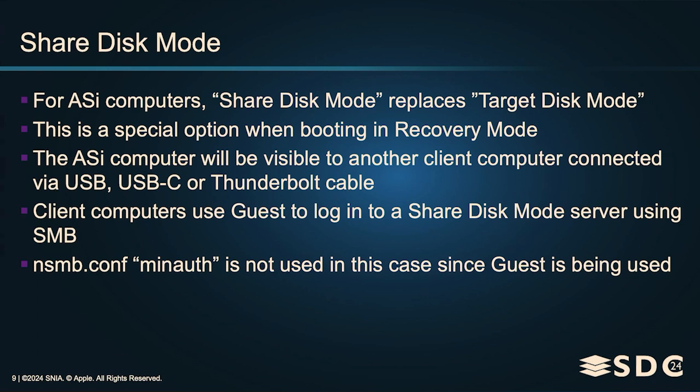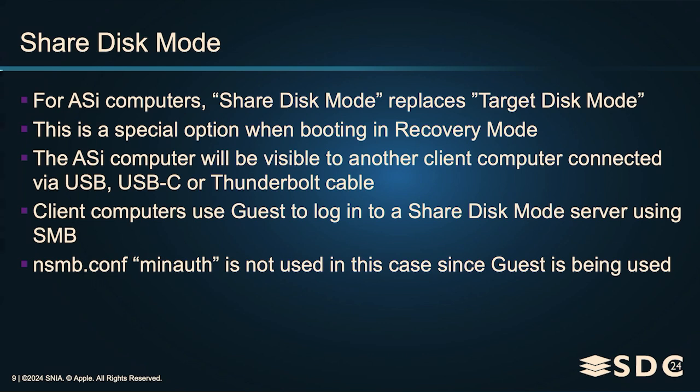When you boot an Apple Silicon computer in recovery mode, there's an extra option, and it says, turn on shared disk mode. What happens is the Apple Silicon computer will be visible to another client computer that's directly connected over either USB, USB-C, or a Thunderbolt cable.